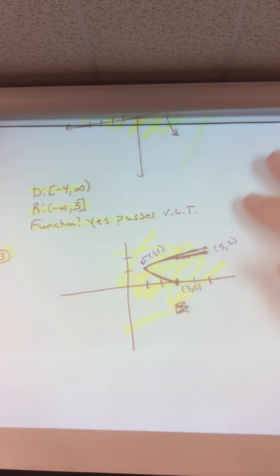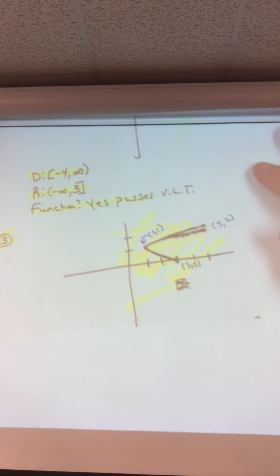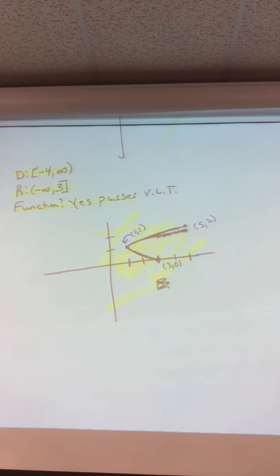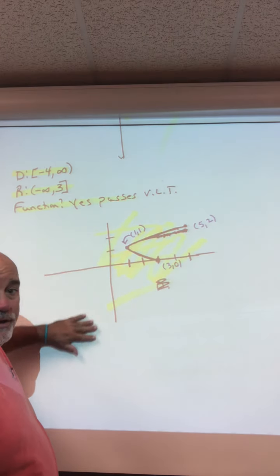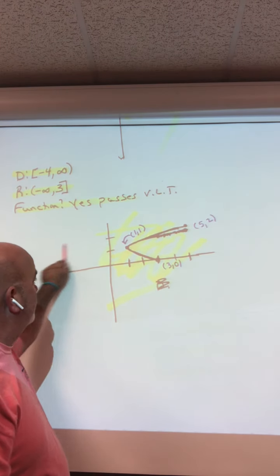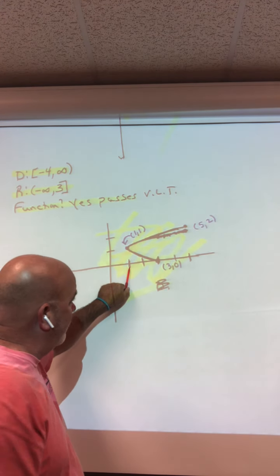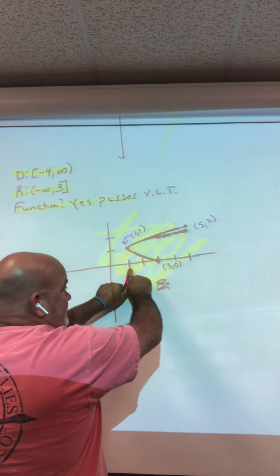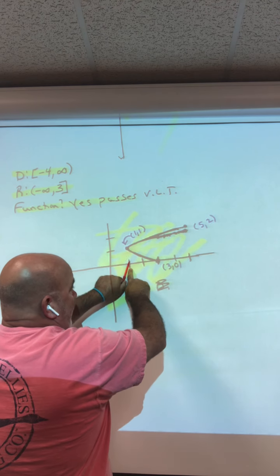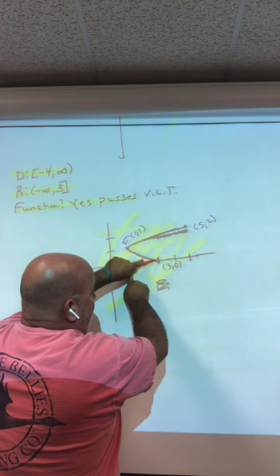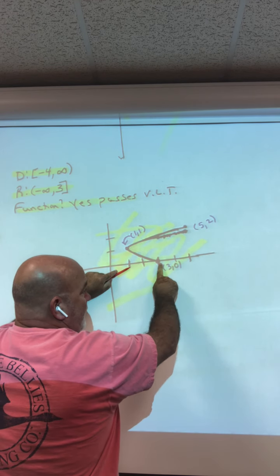Okay, now let's look at this one. Domain. Domain is how far the graph goes from left to right. All right, there's no graph over here. The graph starts right there. Look at the x-axis, it is at 1. Now, how far does it go right? Well, if you travel this path, it goes from 1 to 3.